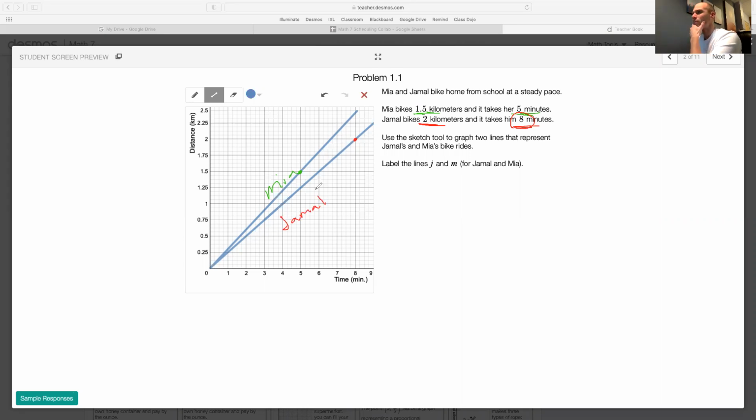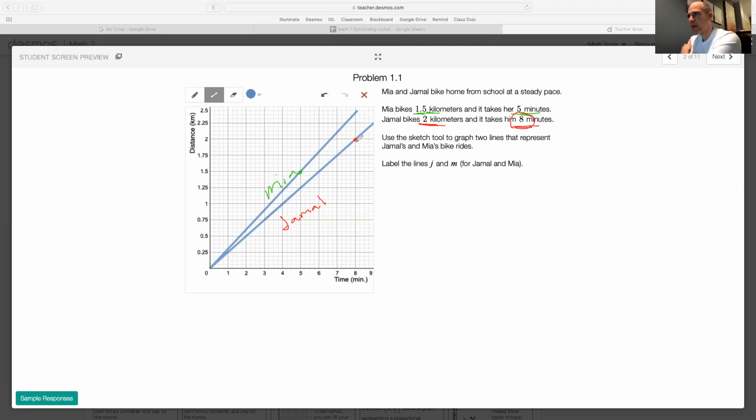And so just looking at these lines, I noticed that Mia's is above Jamal's. I also notice that Mia's is a little bit steeper, right? She is getting a little bit more distance for the same amount of time as Jamal is.